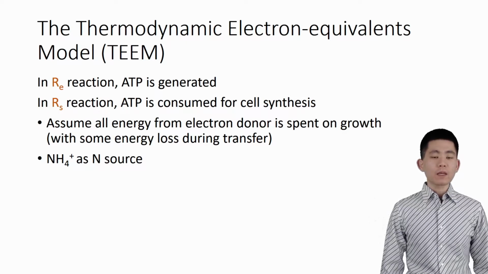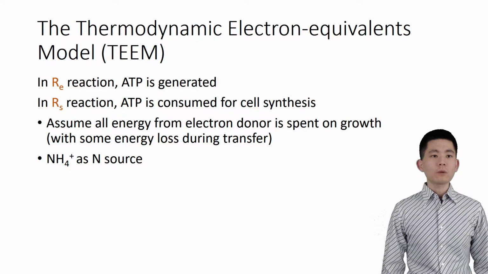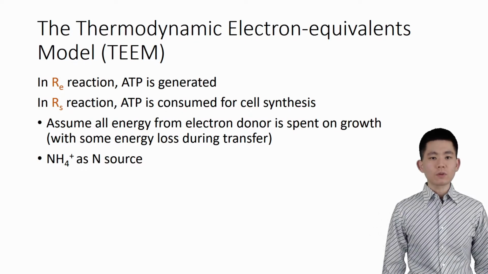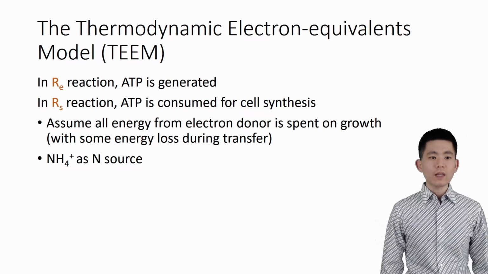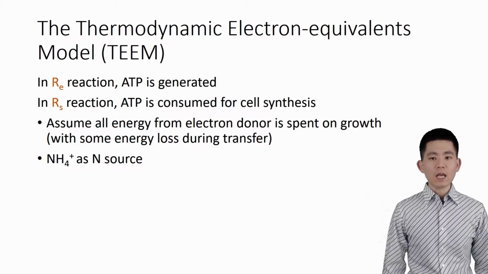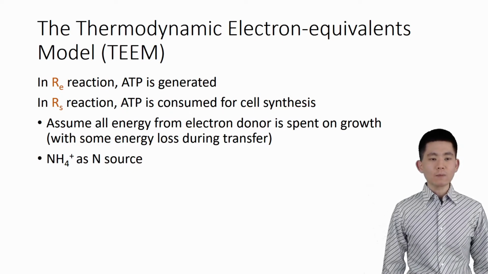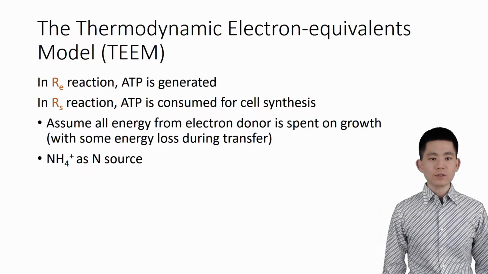The thermodynamic electron equivalent model, or TEEM, developed by McCarty et al., helped us relate the energetics with stoichiometry. Because almost all the energy generated from electron donor is spent on growth when the substrate is not the limiting factor, the fraction of electron that goes to cell synthesis, or the yield, is determined by the thermodynamics, or the change of free energy, and is also determined by the energy transfer efficiency, as each transfer of energy comes with some energy loss.